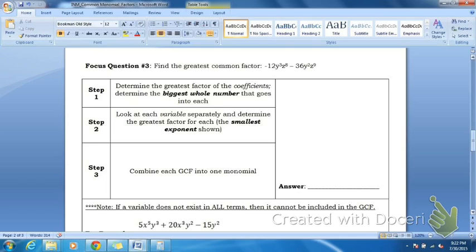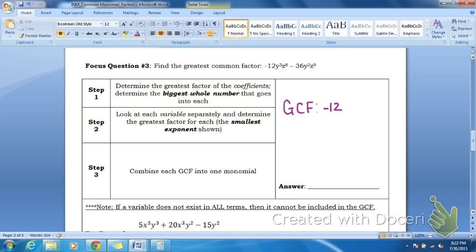I'm not going to ask you to reorder these. Keep it in the order that it's presented in. Because our leading coefficient is negative, your greatest common factor should indeed have a negative answer. So, when we look at negative 12 and negative 36, the greatest common factor between those, well, both of them are divisible by negative 12.